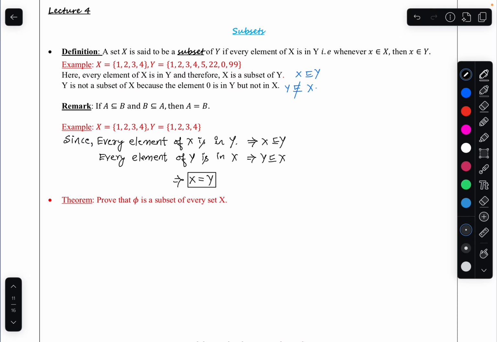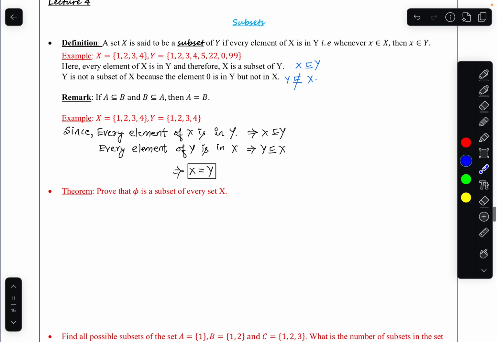The next result that we have is we're supposed to prove that phi is a subset of every set X. So to prove this result, I'll use the method of contradiction, just like we use method of contradiction to prove that root 2 is an irrational number. So I'll do the work along those lines.